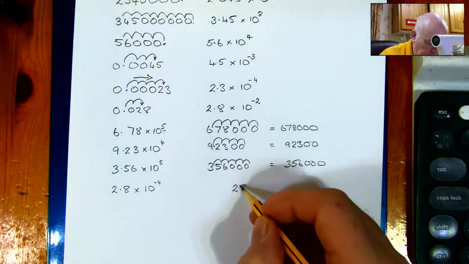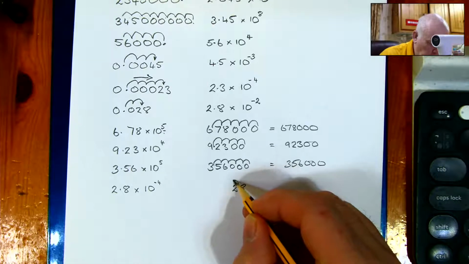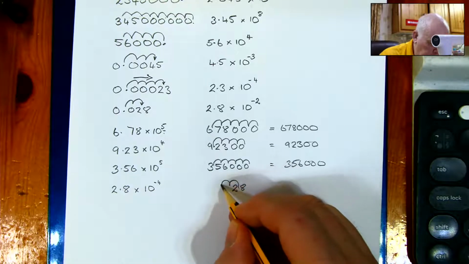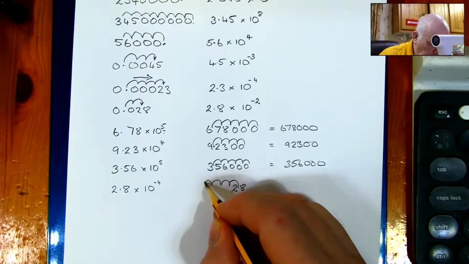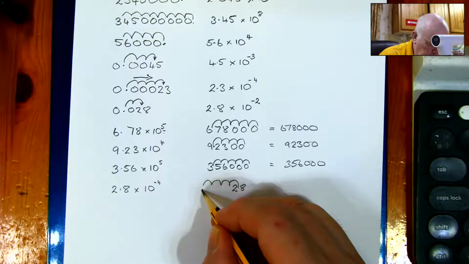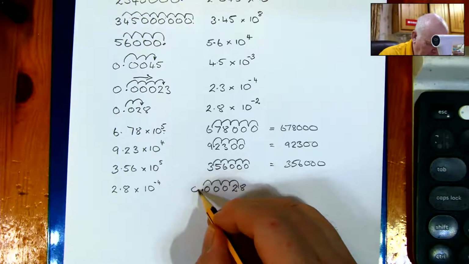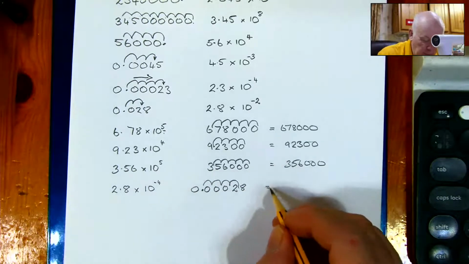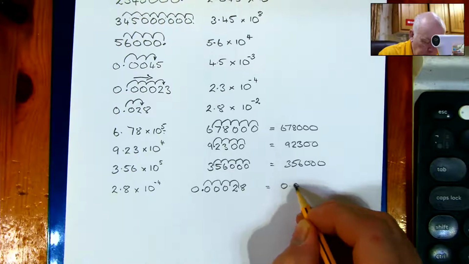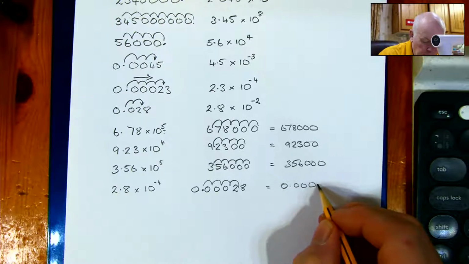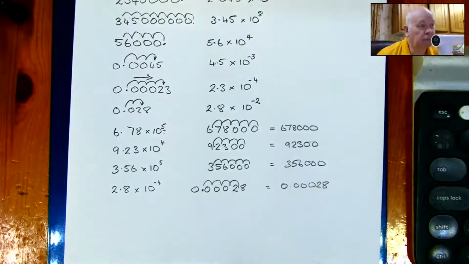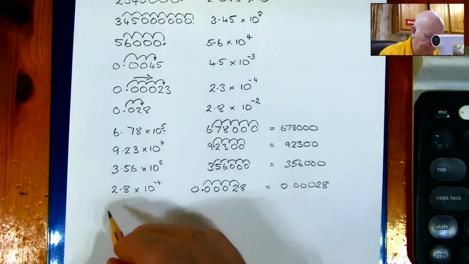It's minus, so we're going to go the other direction. 1, 2, 3, 4. So that's where my decimal point's going to be. Put my zeros in, and it's nice to have a leading 0. So this gives me 0.00028.